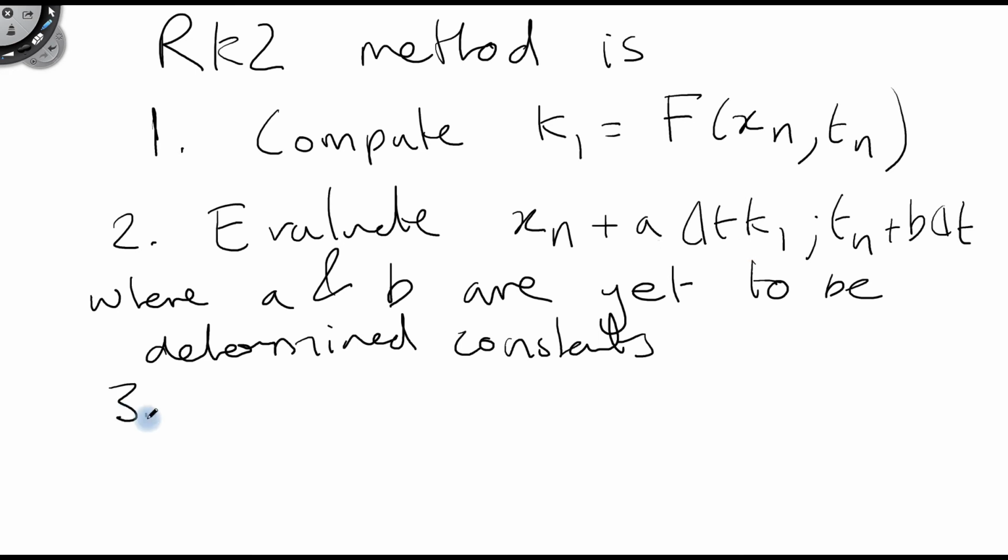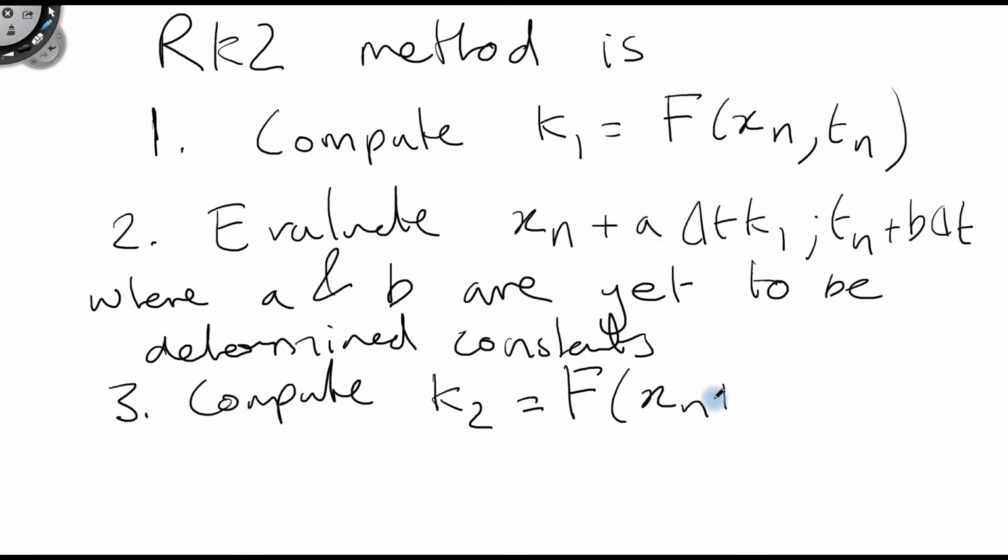So then we can evaluate k2, which is f of x_n plus a delta x, or t_n plus b delta t.